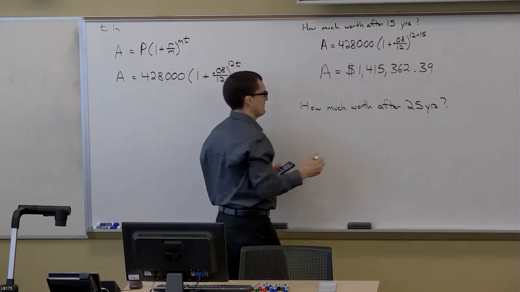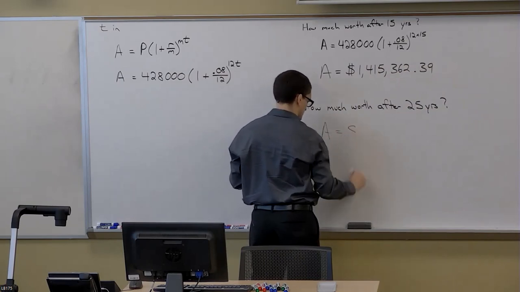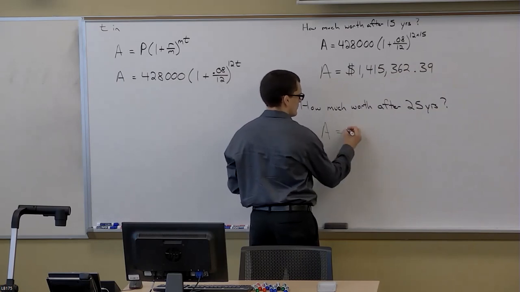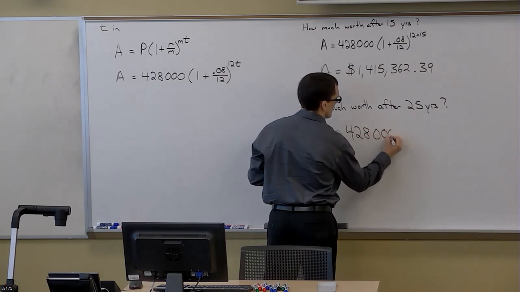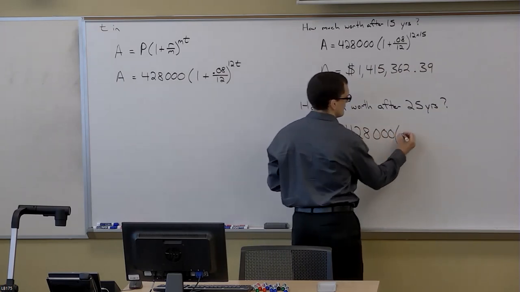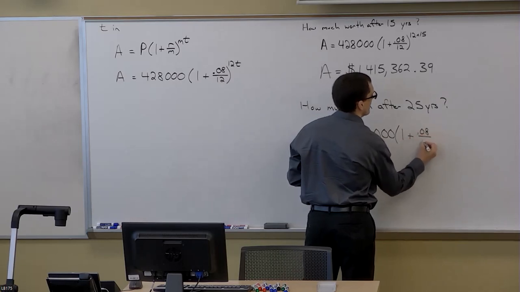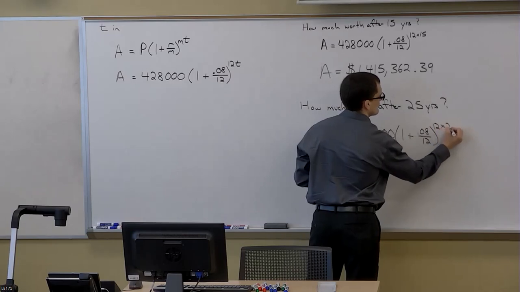After 25 years, the amount that you're going to have, oops, let me rewrite what I'm doing. I'm taking 428,000 multiplying by 1 plus 0.08 divided by 12, to the 12 times 25.